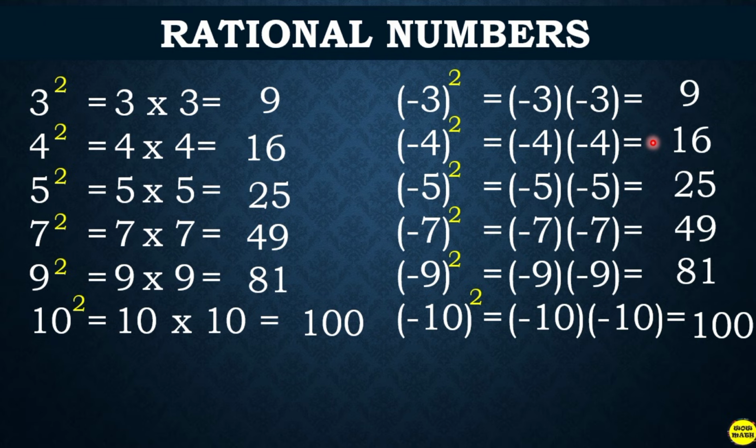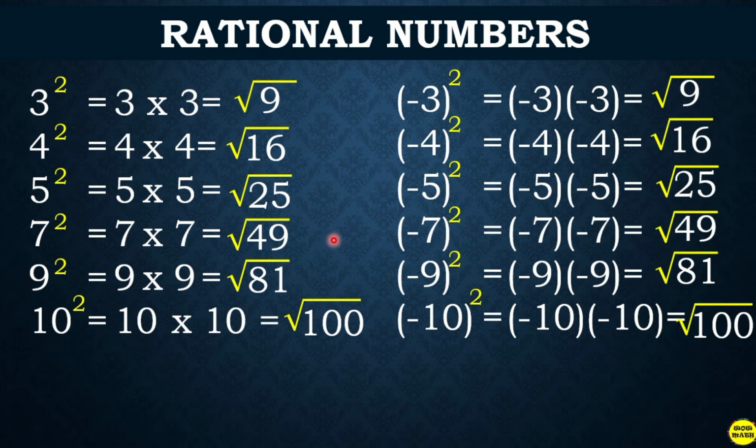Now, what have you noticed? Anong napansin ninyo? Okay? We got the same product. Parehong nakuha natin itong numbers na to. So, anong ibig sabihin nitong mga to? Bakit sila pareho? So, ibig sabihin, if we will try to get the square root of these numbers, therefore, ang answer natin ay pwedeng positive 3 or negative 3. Okay?